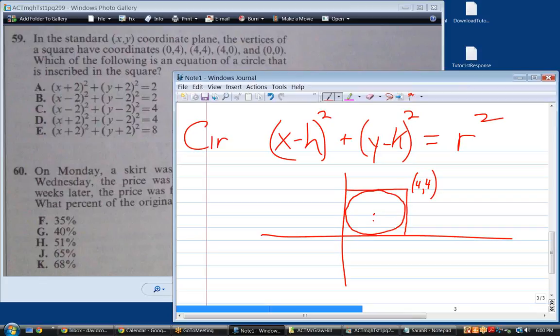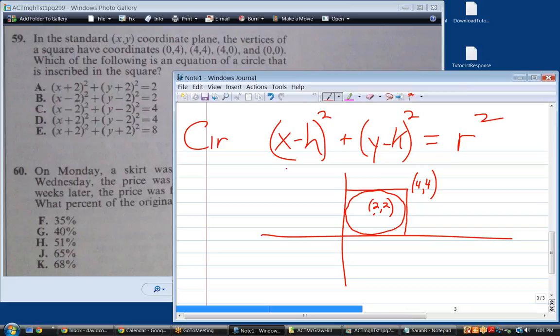So first of all, where's the center? 2, 2. And now fill out all the numbers in this equation. This is the general formula, so now give me the exact formula. No, h and k are the center of the circle. Whatever the center of the circle is, that's h and k.